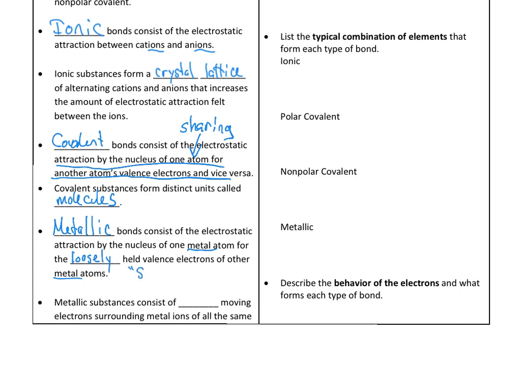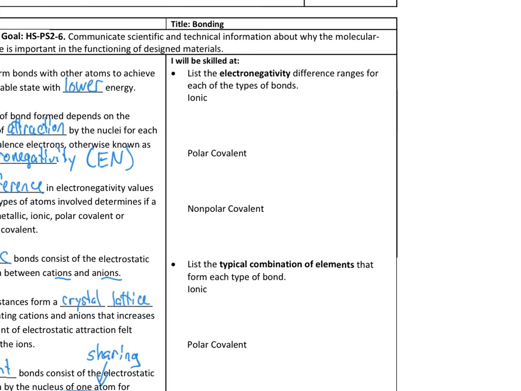This gave us our sea of electrons. And metallic substances consist of free-moving electrons. So let's do the right-hand side before we turn it over onto the back.